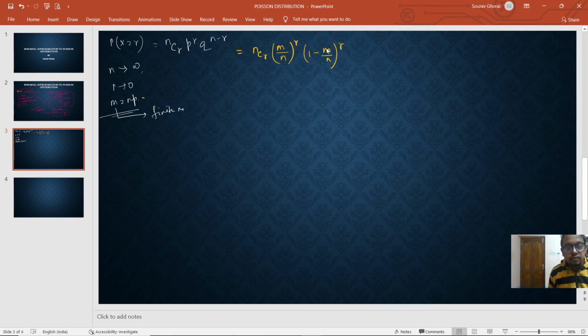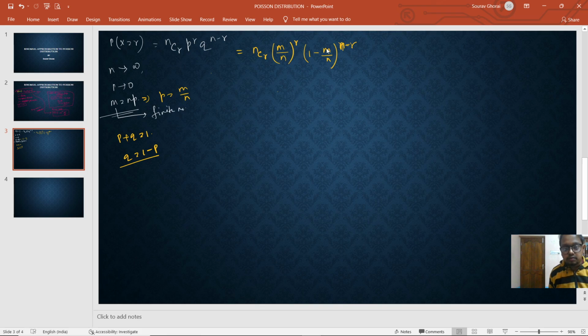From here we get p is equal to m by n, and we know that p plus q is equal to 1, so q is equal to 1 minus p. So we put here 1 minus p whole to the power n minus r, that is 1 minus m by n whole to the power n minus r.